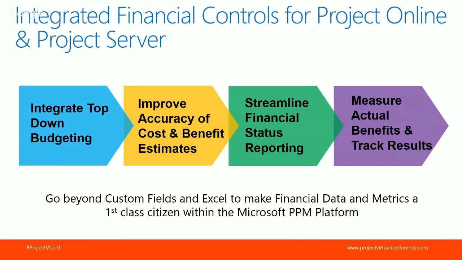We also want to look at improving the accuracy of cost and benefit estimates. For me, going away from just a simple custom field representing total cost or cost by year, and actually having the ability to look at multi-year cost, have the ability to drill down to varying levels in a cost or benefit financial structure is key. How do we also now look at streamlining and automating the financial status reporting process to drive variance and insight needed to take decisions?